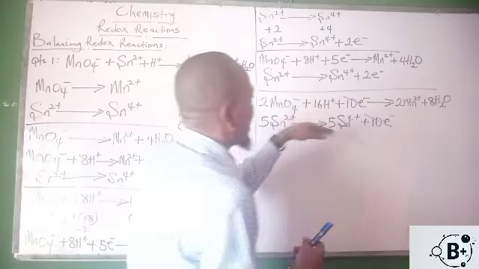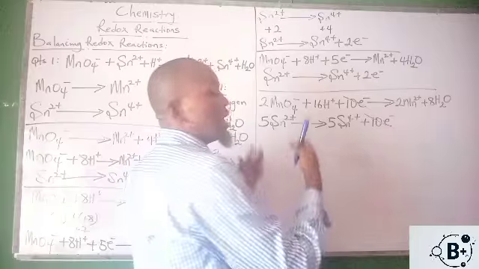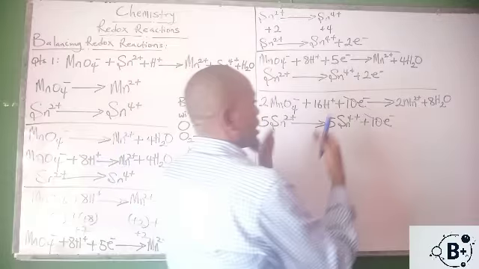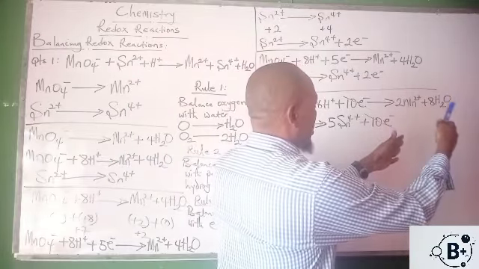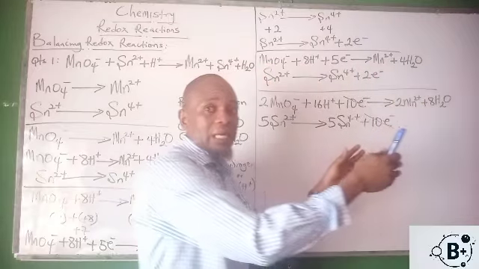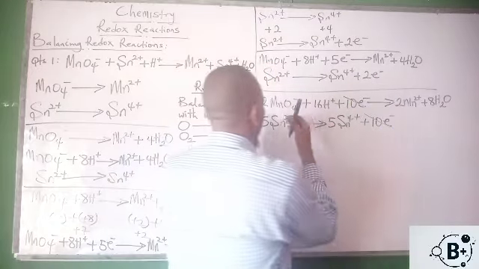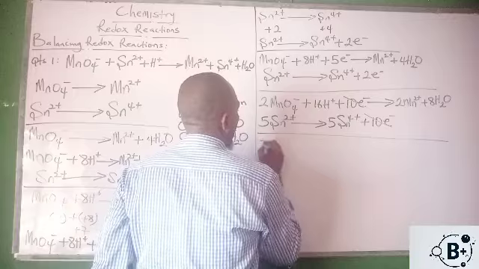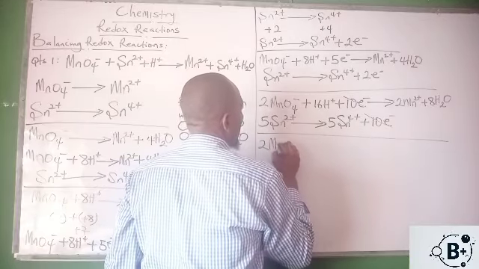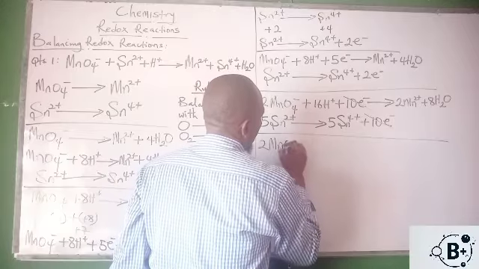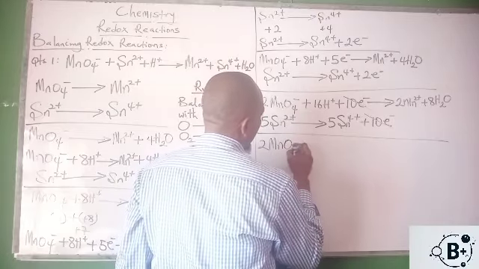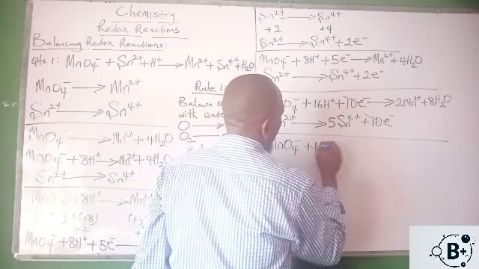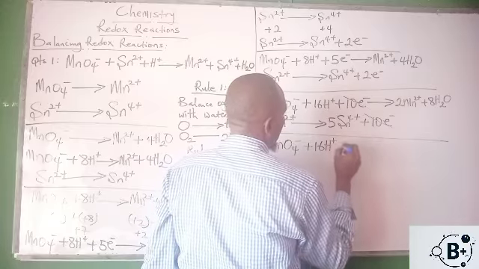First of all, let's write everything on the left hand side together, and later write everything on the right hand side together. So this is what I mean. Here we write 2 molecules of tetraoxomanganate 7, then plus 16H+.